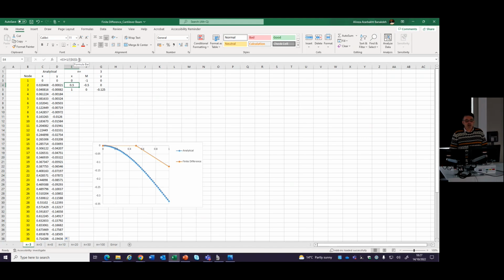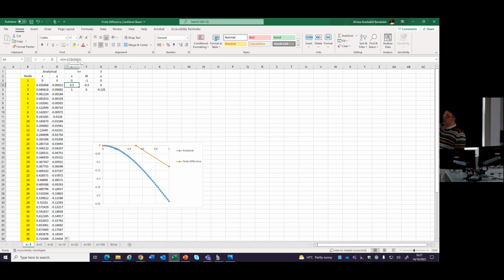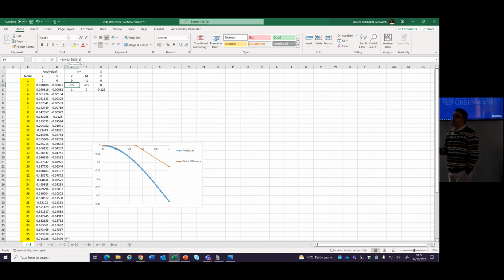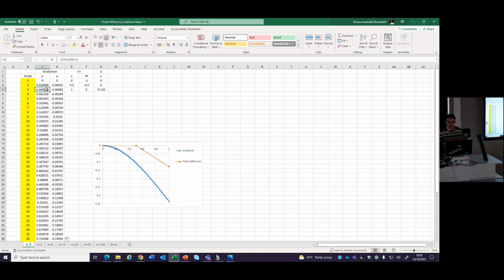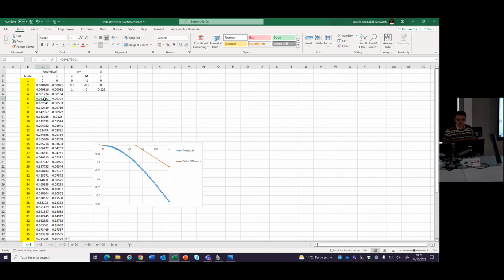If I use G1 in my formula here and bring it down, you will get G2, G3, G4, okay? But when I put $G$1, it means that when you are bringing the formula down, don't touch G1. G1 stays G1; it doesn't change to G2, 3, 4, 5. For example here, when I say C3 plus something, when I come down, it's C4, C5, C6.